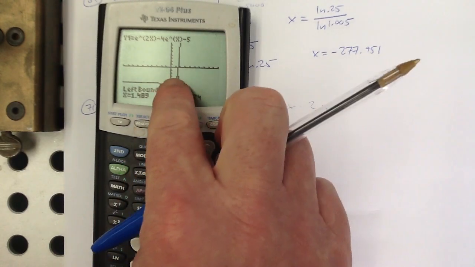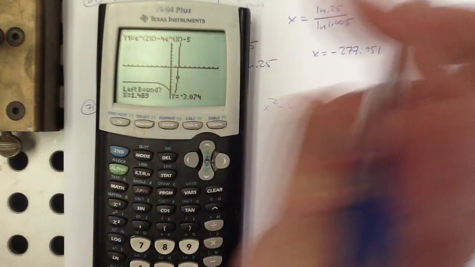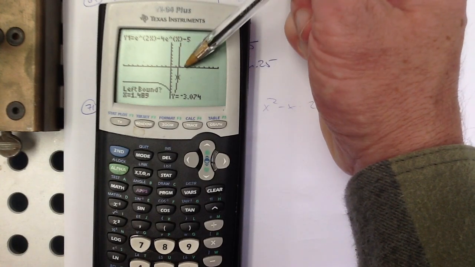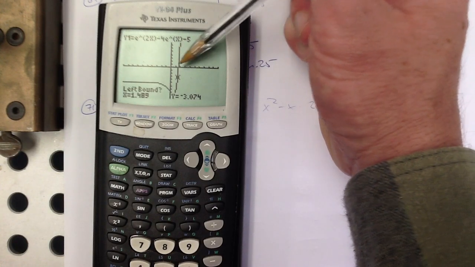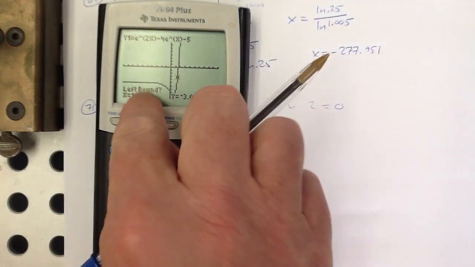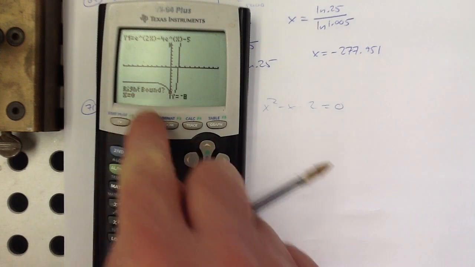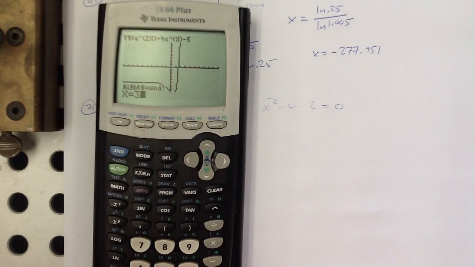I like just looking at it and being very cautious, I can see definitely that the answer is somewhere between 0 and 3, right? So I'm just going to type in the left bound and the right bound. Left bound, 0, enter. Right bound, 3, enter. And then you have to hit enter one last time, 1.609.